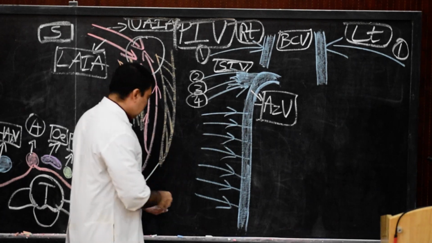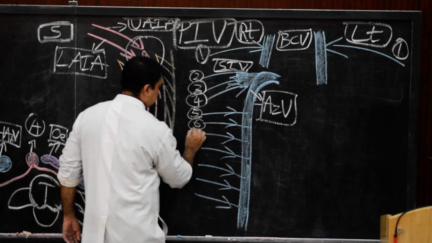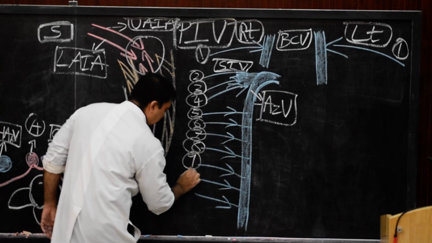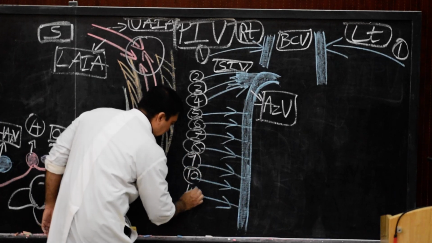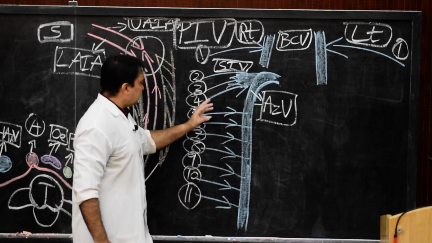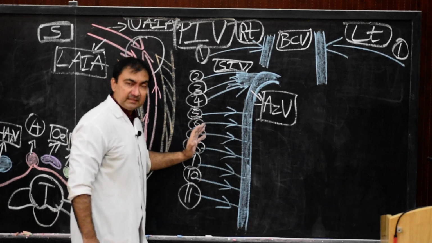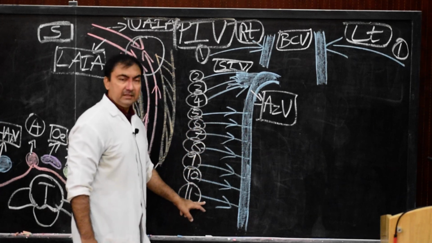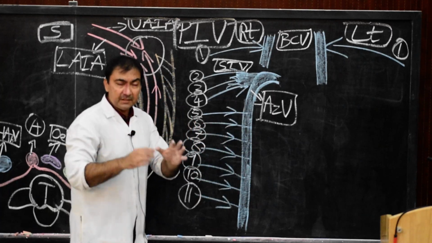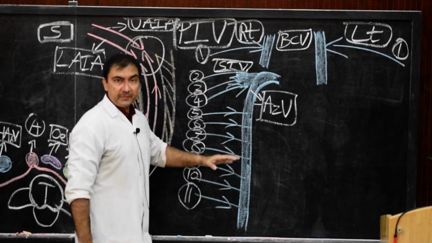The right side posterior intercostal veins numbering 5, 6, 7, 8, 9, 10 and 11, all of them will drain into the azygous vein. This is the termination, or these are the tributaries, how they will end in this system on the right side.